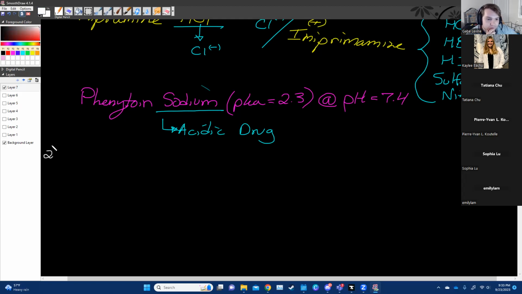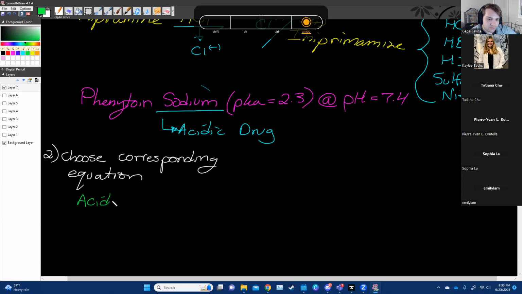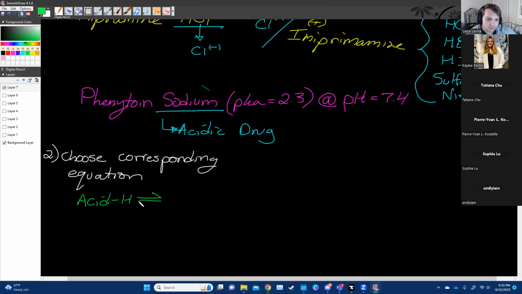Step two is we are going to choose the corresponding equation. So we can either have the acid equation, or we can have the base equation.